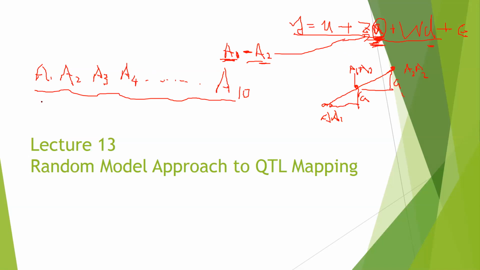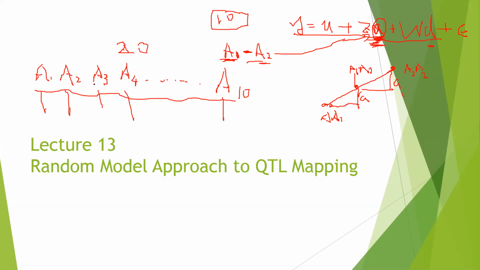At least 10, right? Then suppose you only have 10 data points. Now think about the dominant effects, another set of parameters you need to estimate. So let's say you have 20 parameters, but if you only have 10 individuals in this population, it's impossible for you to get a unique solution. Do you agree?